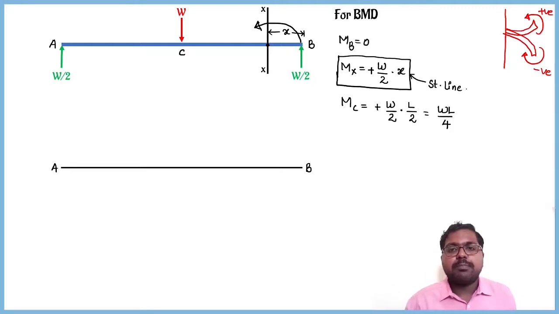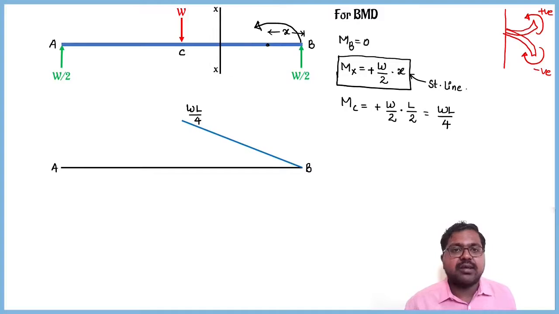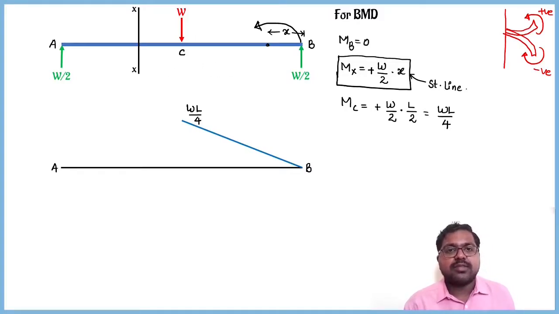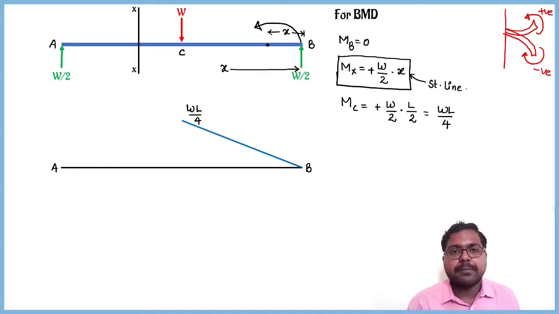So if we draw the bending moment diagram, it will go from 0 to WL by 4 as a straight line, which is at C. Then I am going to take another section which is in between C and A. This time I am considering this section XX at a distance of X from B.